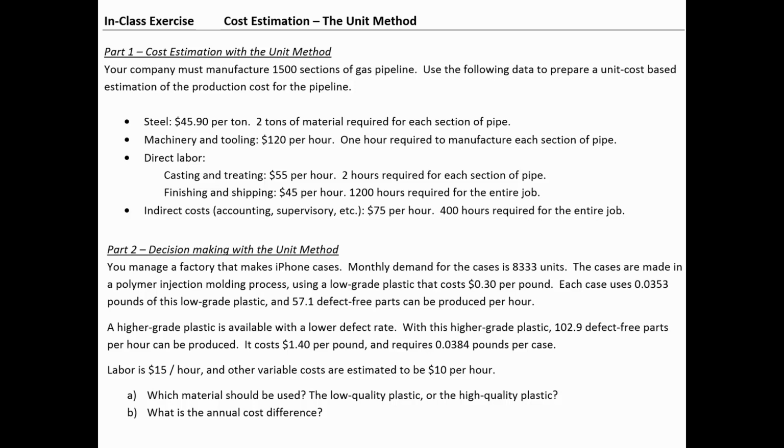I encourage you to collaborate with your classmates as you're working through this one. It helps to work with another student when you're working on an in-class exercise that has lots of text like these ones do.